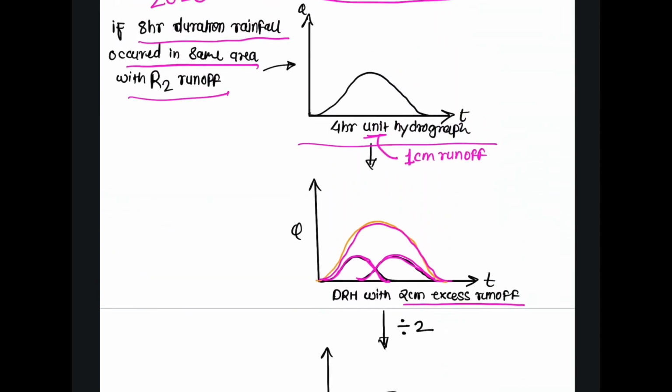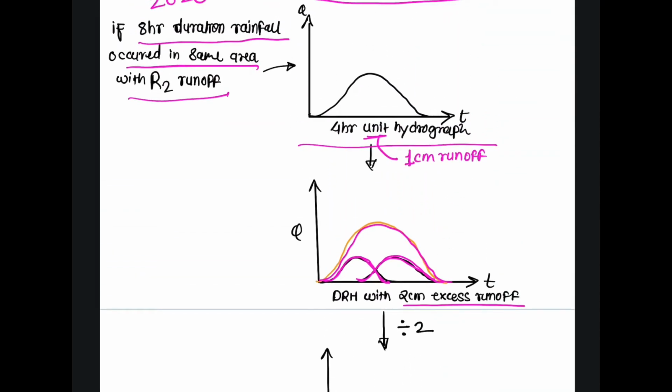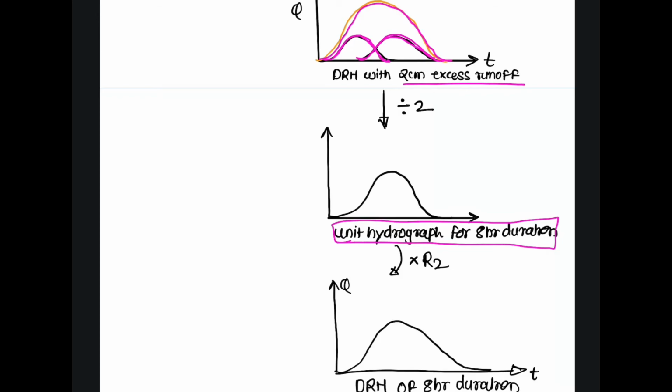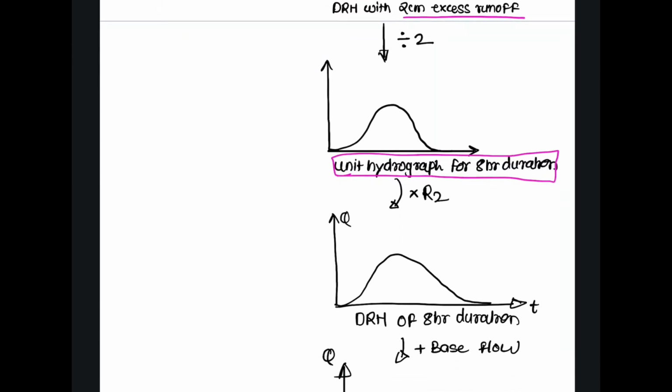Now as we have the 8-hour duration rainfall with R2 as runoff, we will multiply this 8-hour unit hydrograph with R2. So we will get the DRH of 8-hour duration.